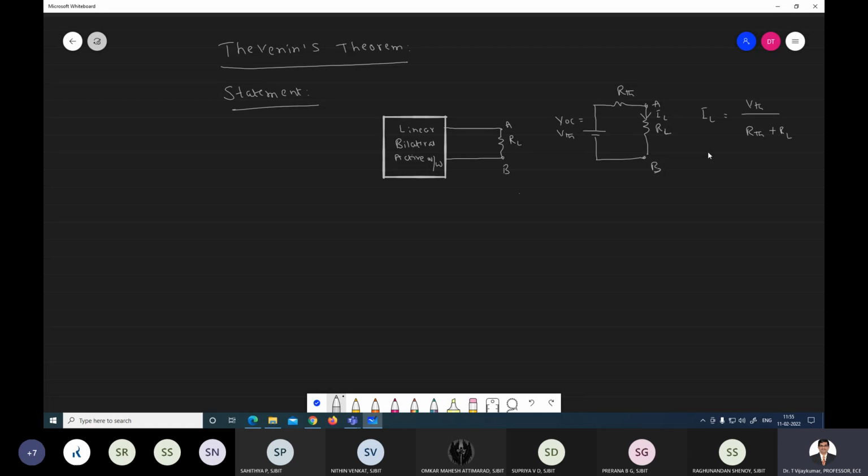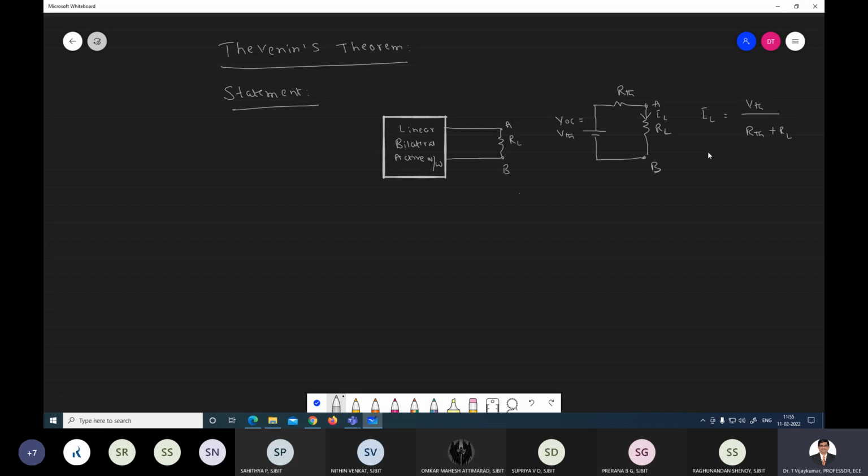That means in any linear bilateral active network, the current flowing through a load resistance RL connected across the load terminals A and B of a network is given by VTH divided by RTH plus RL, where VTH is the open circuit voltage, that is the voltage across the load terminals when the load resistance RL is removed, and RTH is the Thevenin resistance, that is the equivalent resistance of the network as viewed from the terminals A and B, with all sources replaced by their internal resistance.